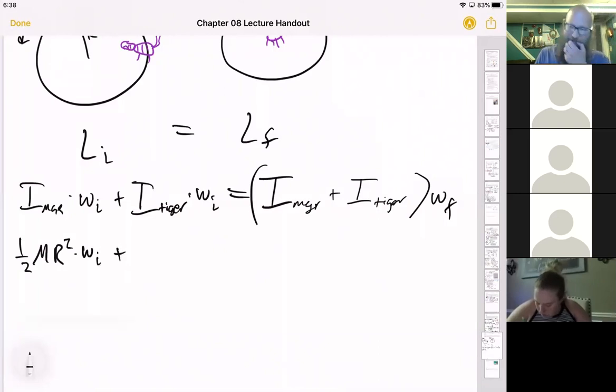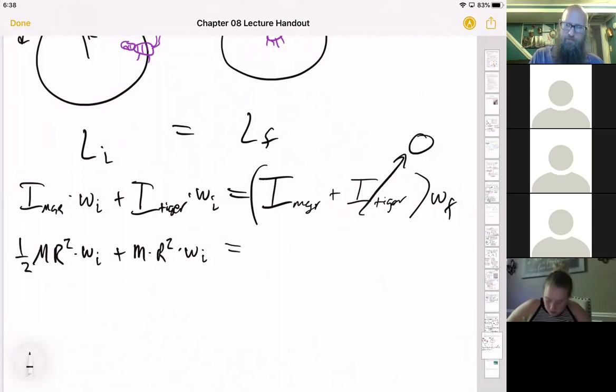And the tiger is basically a point mass, so I'm going to say m r squared times omega initial. And afterward, the tiger's at the center, so the radius for the tiger afterward is 0. You guys buy that? Okay, so half m r squared times omega final. From here, it's just plugging in numbers. So let me ask, does this make sense to this point? Yep. Okay.